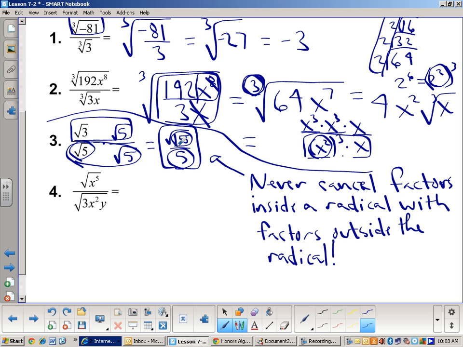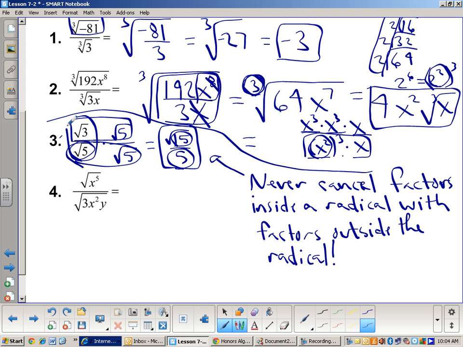Go ahead. Well, why do you rationalize that one if you don't rationalize the first two? I could have, but in the first two they simplified to a simple answer before I had to. You know what I'm saying? In this case, I couldn't simplify these two any other way, so all that was left was to rationalize the denominator.